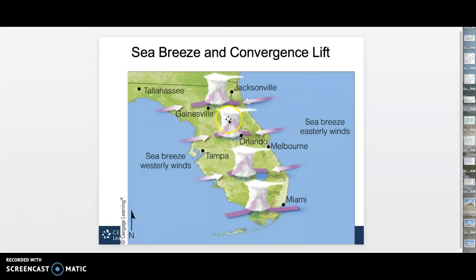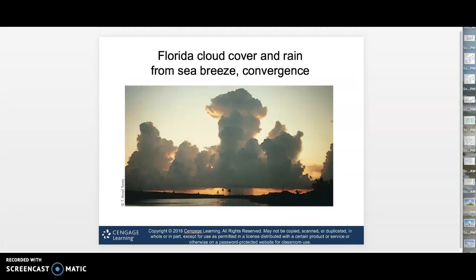When these two converge, they will result in convergent lifting, forced lifting, and cumulus clouds that top off in the afternoon. So here's another thermal circulation that's complicated by its peninsula location and convergence on both sides for the sea breezes. Here's the convergence clouds that form as a result. Look at the rain underneath.